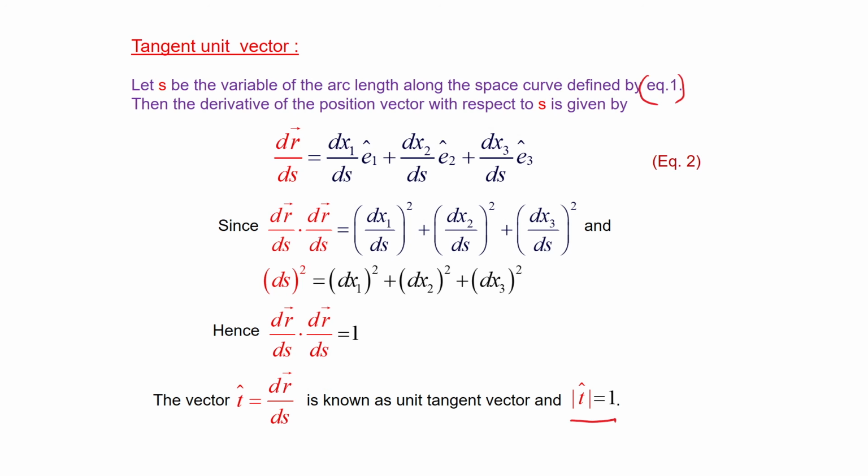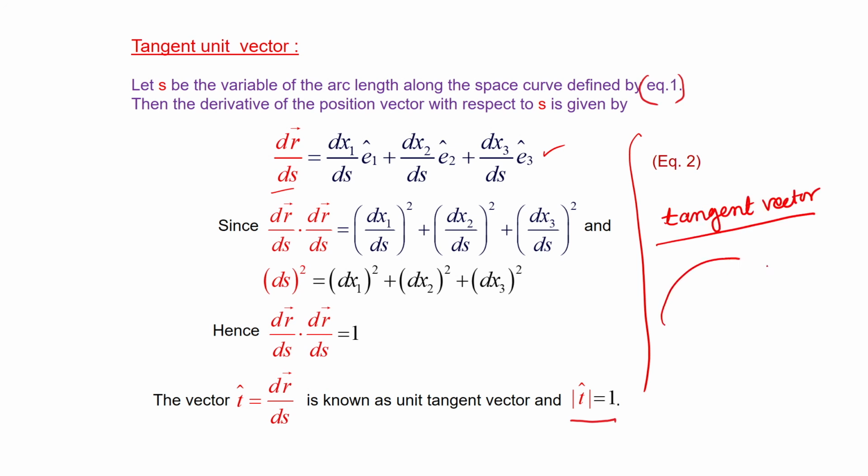Then the concept of the tangent unit vector. So r is defined, and if you take dr by ds, that can be written like this. Basically, we are interested in finding the definition of the tangent vector, because we have seen a curve whose position vector is defined such that x is a function of t, any parameter: x1 e1 plus x2 e2 plus x3 e3.